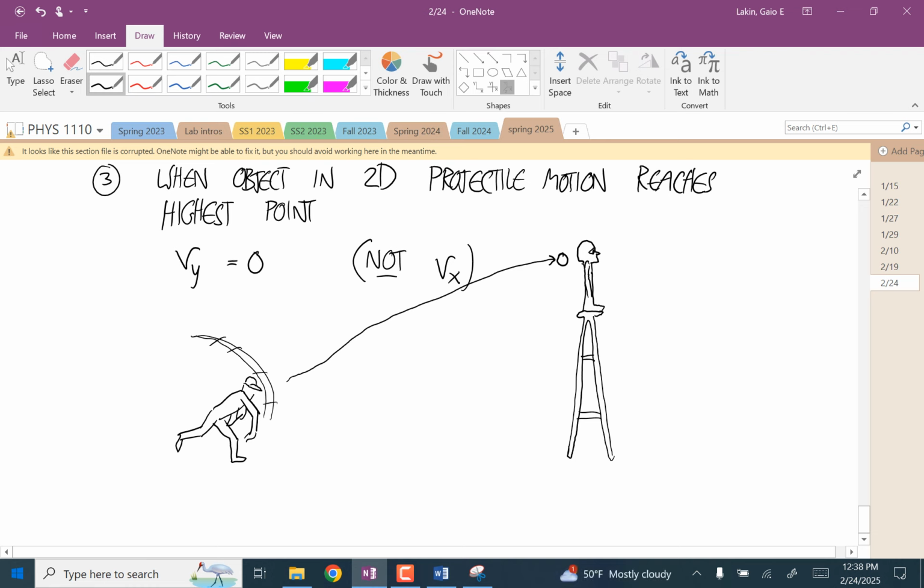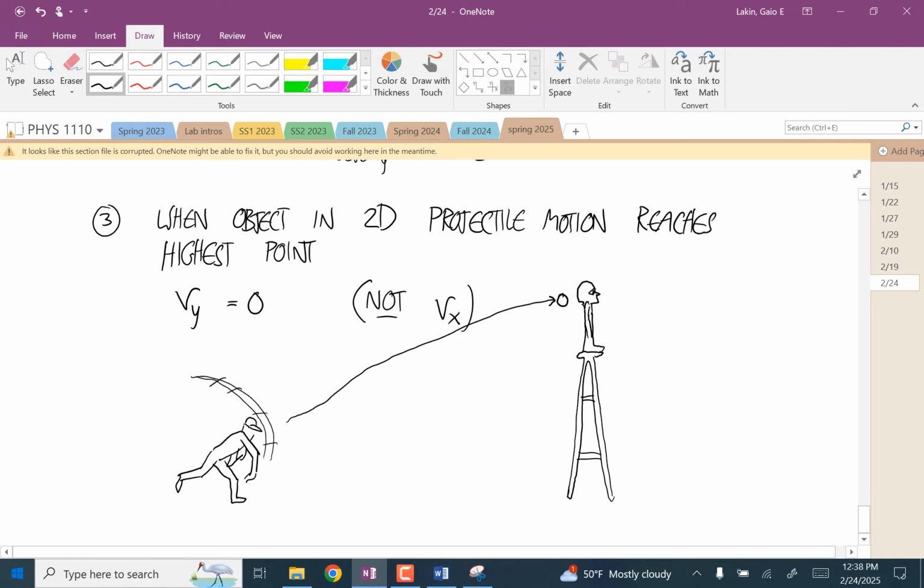So that does help a little. But the horizontal component, in this case, is going to stay at 80. And so that ball is still going to hit your head at 80 miles an hour. So just remember, the x component is not going to be 0. The y component is the one that's going to be 0.